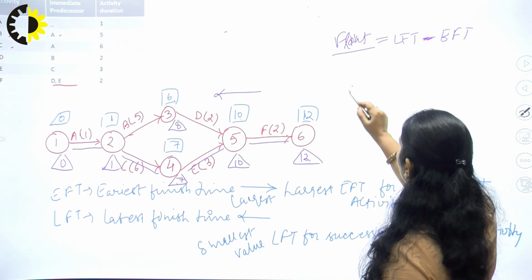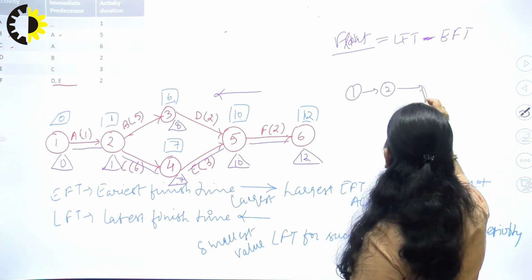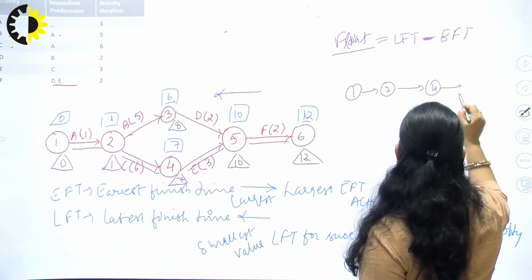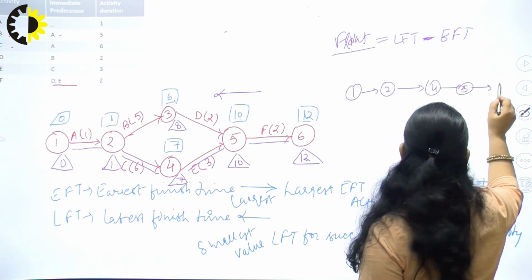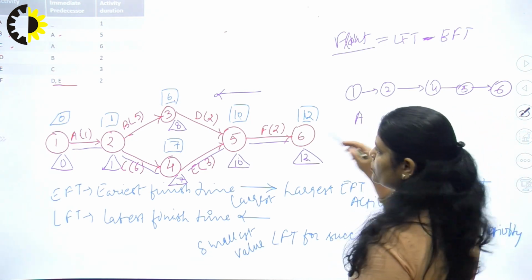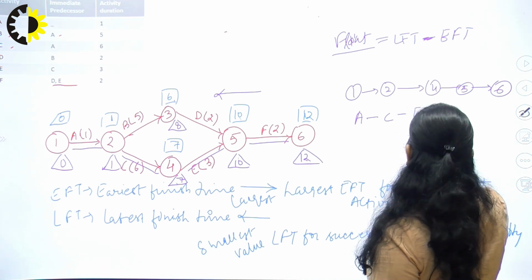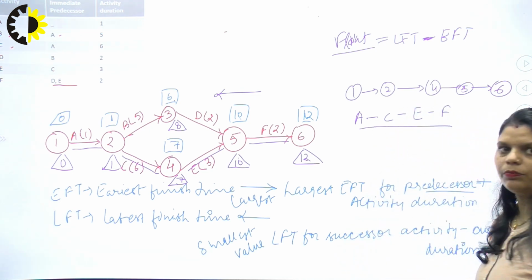So we can say events 1, 2, 4, 5 and 6 will be our path, or in terms of activities, A, C, E, F. This will be the critical path.